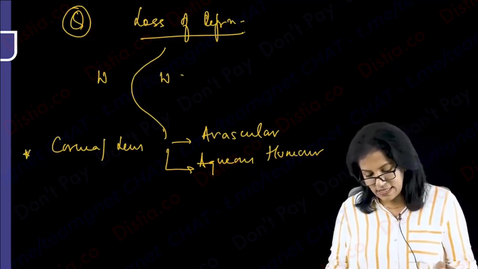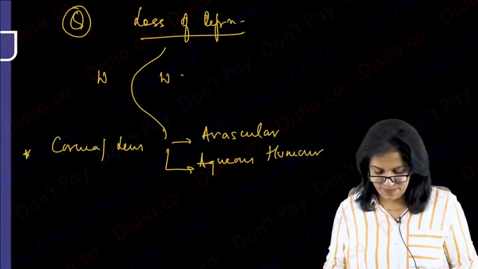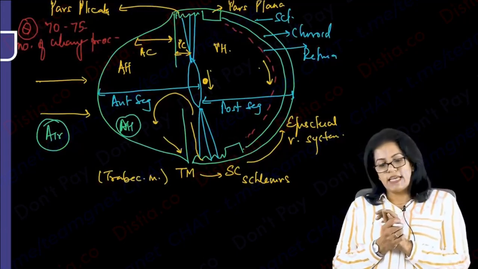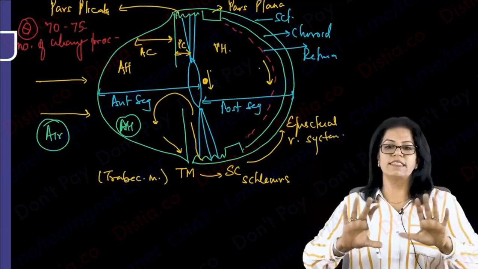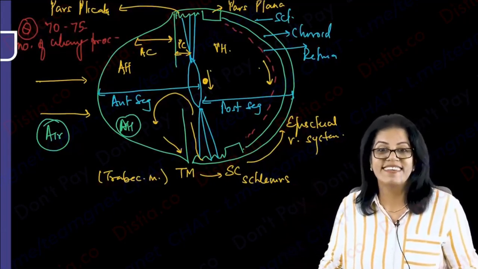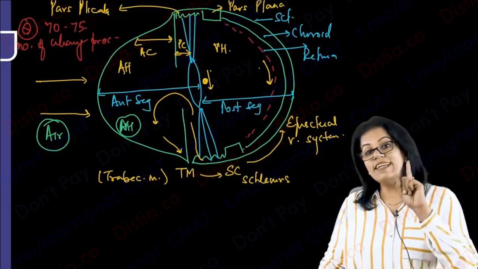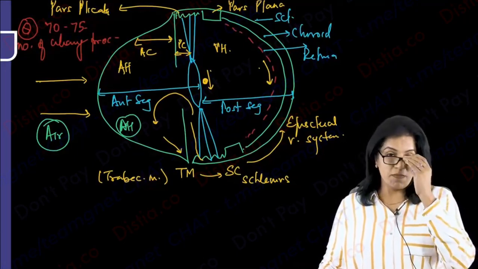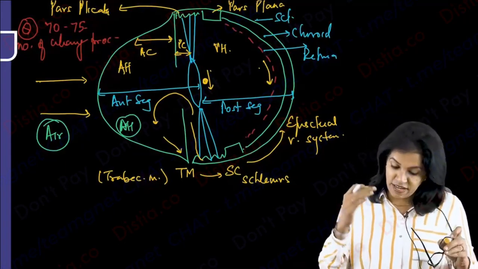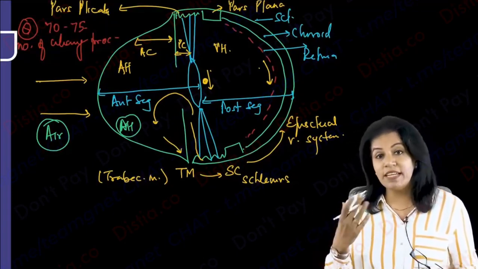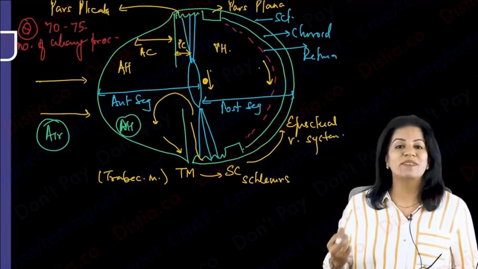Now, let's again come back to this diagram. Do you also realize that everything is at its place? Nothing is moving inside the eye. The whole structure of the eye is in front of you in this diagram. And the only tissue that is circulating is aqueous humor. So, common sense: when will the pressure be more in the eye? The pressure is going to be more when the amount of aqueous is more.